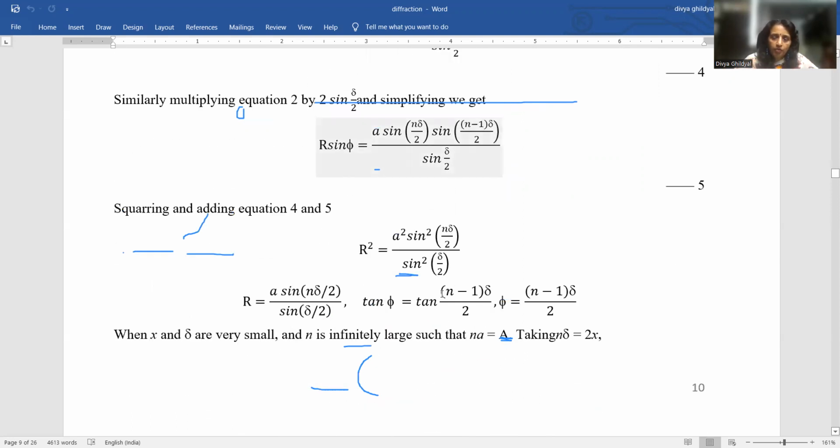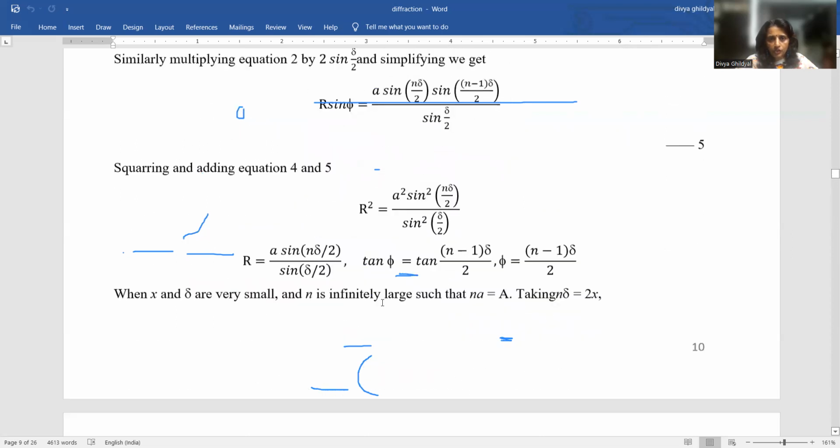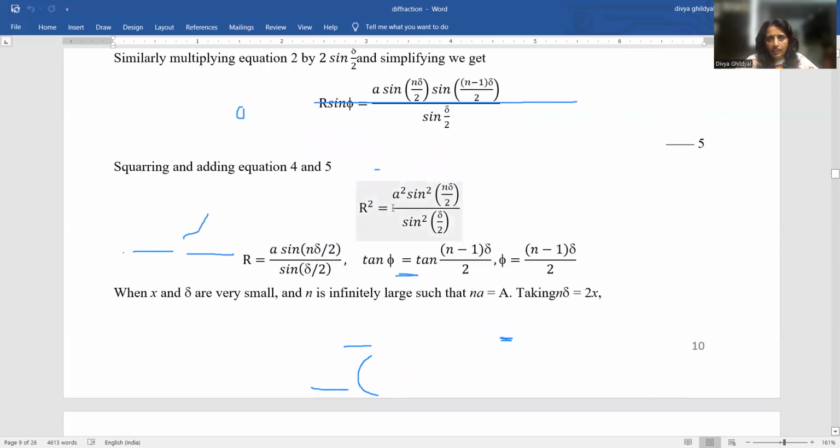Now, we know from vector analysis that if we need a resultant vector, we take the square root of the sum of squares of both components. So we get r square is equal to A square sine square n del by 2 divided by sine square del by 2. And the resultant becomes A sine n del by 2 divided by sine del by 2. And tan phi becomes equal to tan (n minus 1) del by 2.